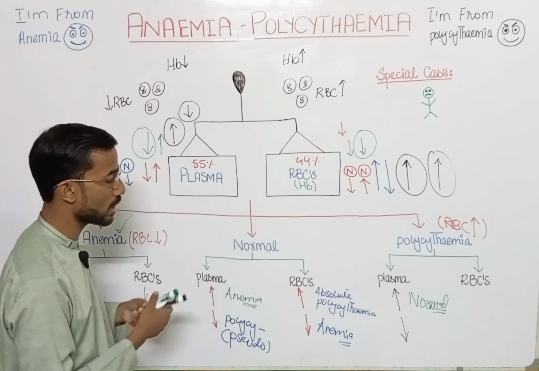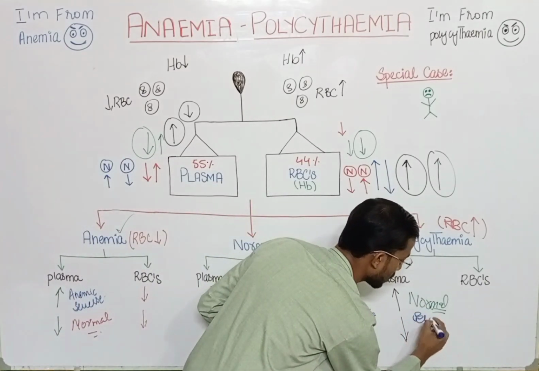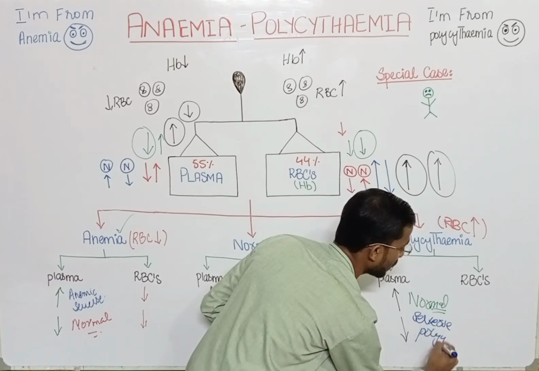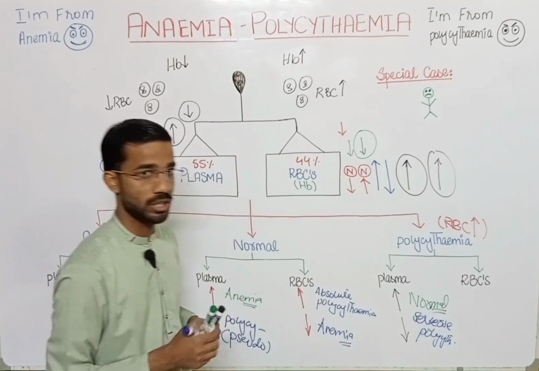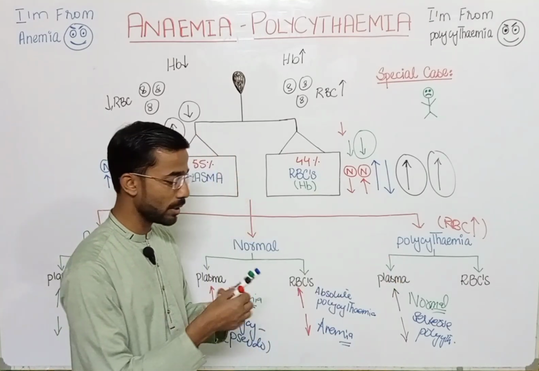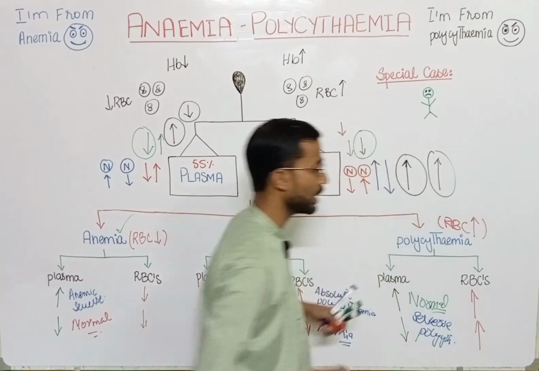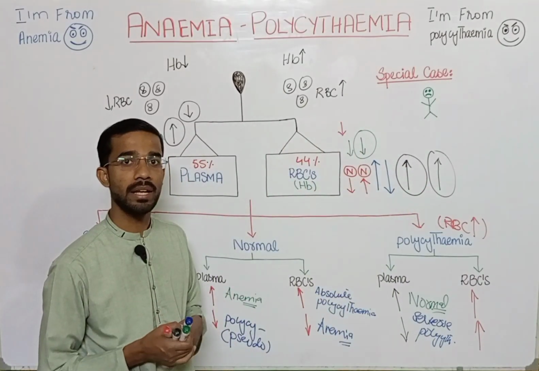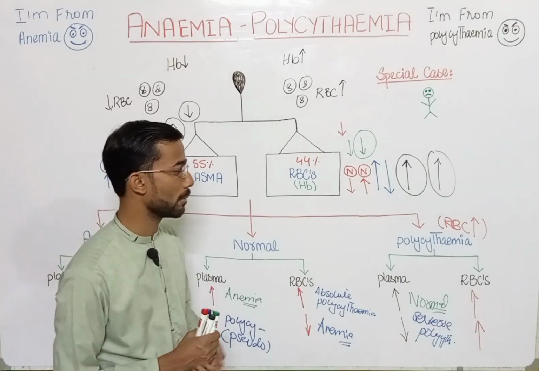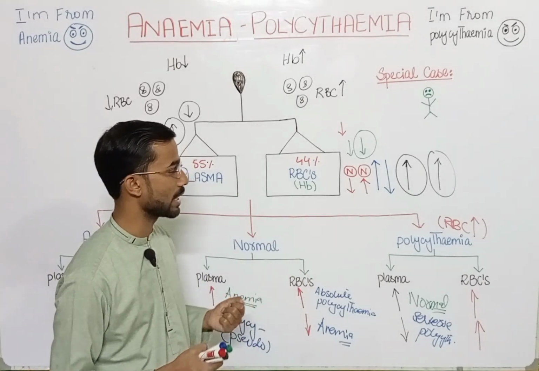So in that situation you will see severe polycythemia. This is the condition. As we know, in polycythemia we see an increase in the number of RBCs, or you can say an increase in the amount or concentration of hemoglobin. So this is the simplest case.